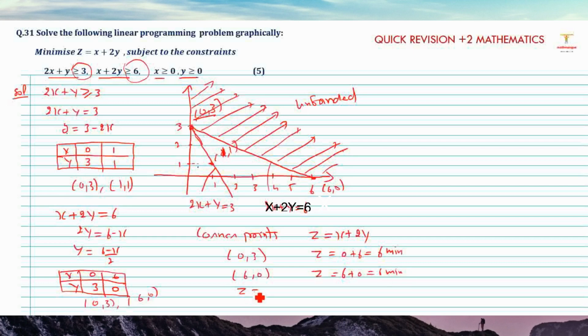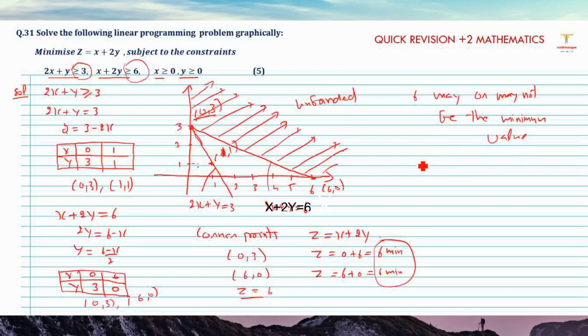So it means we are getting this problem that 6 may or may not be the minimum value, okay. So what we can do from here is this, that now you have to draw this line.